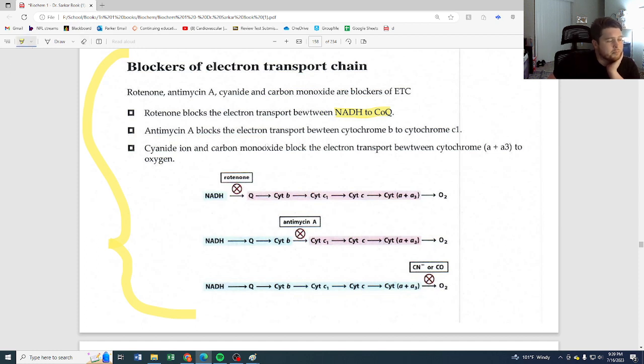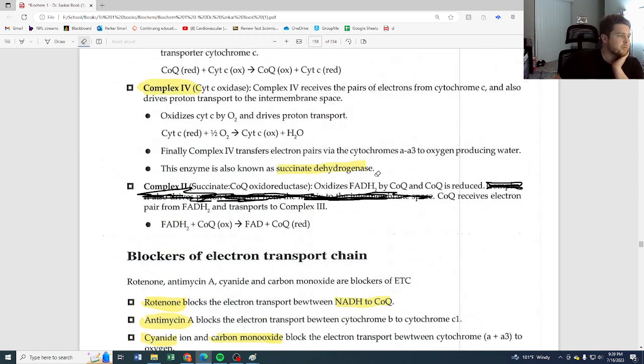Of these, most likely you'll get asked about cyanide or carbon monoxide, but I would still recommend knowing these two as well, and just where they block, because it's a decently easy thing to remember, and should be free points if that specific question gets asked on the test.